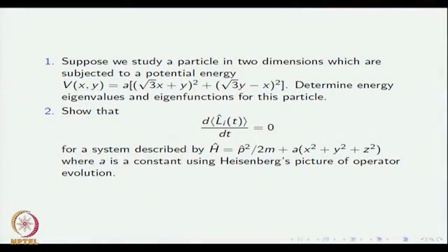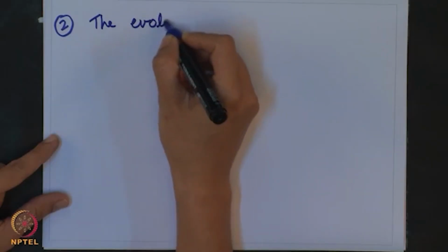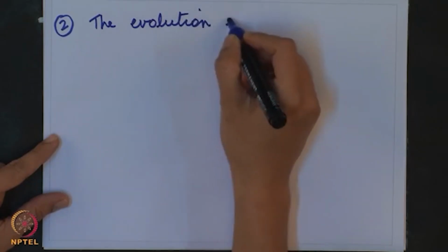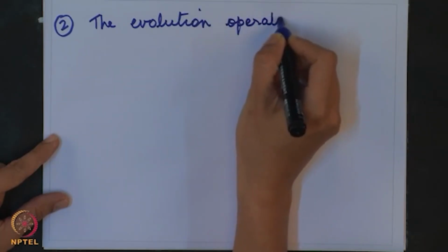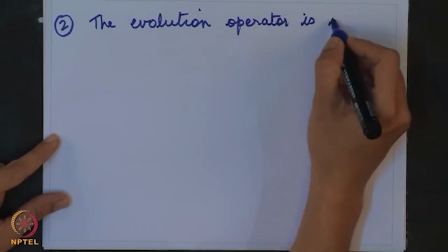So, for a system which is described by a Hamiltonian, the Hamiltonian operator is given by p squared upon 2m plus the potential part, which is A times (x squared plus y squared plus z squared), we have to evaluate what will happen if we use the Heisenberg picture of operator evolution.